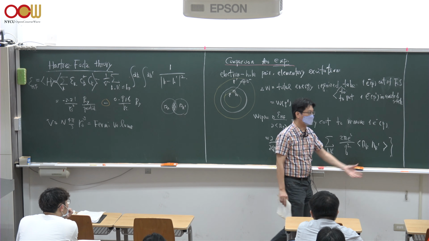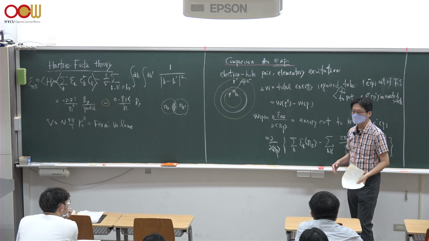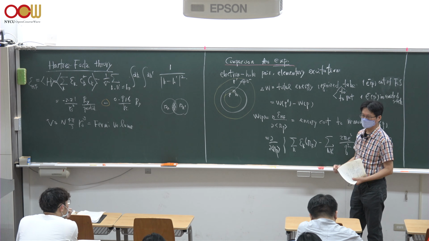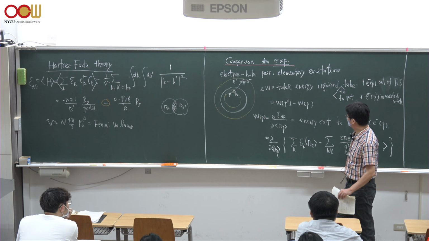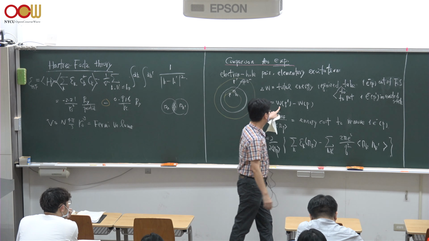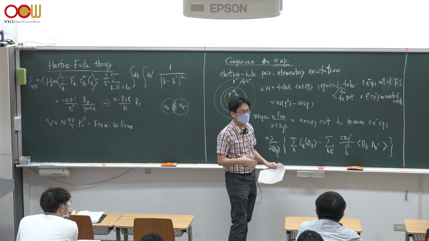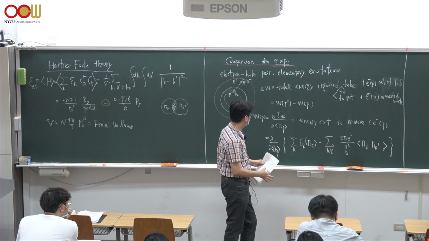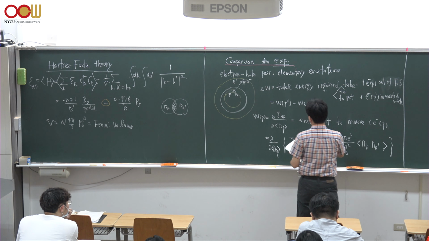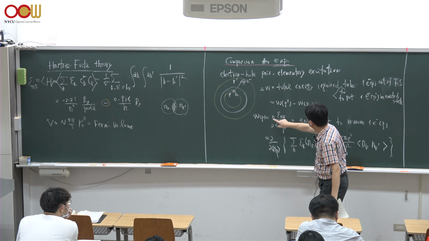One costs you energy, another you gain energy. So it's the opposite motion. So if I call this W_p' the energy required to put one electron into the excited state, and this W_p is the energy required to remove one electron out of the Fermi surface.